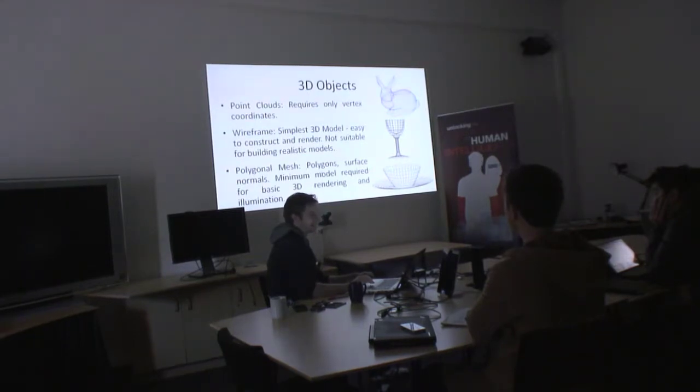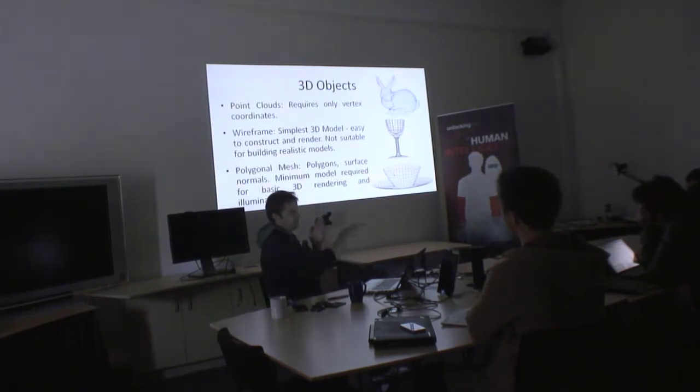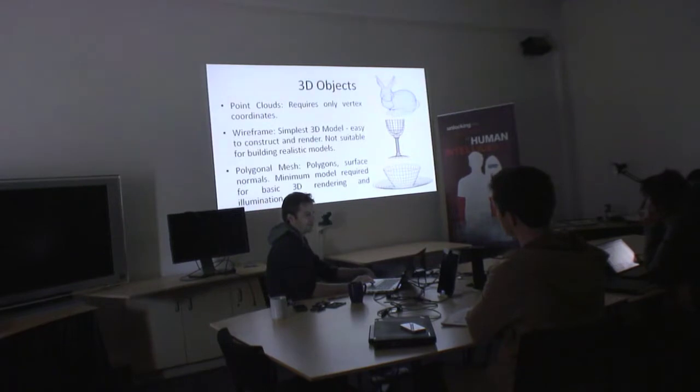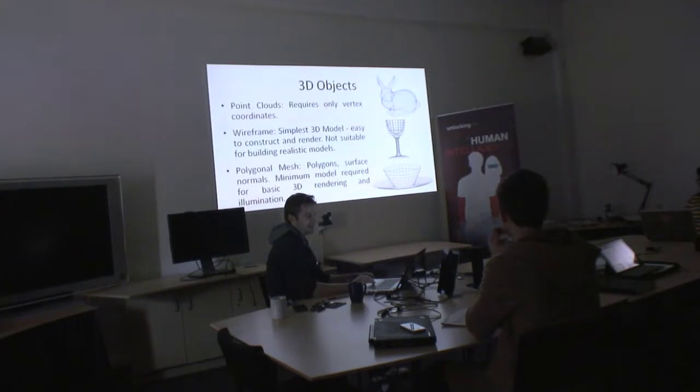The next step from that is a polygonal mesh, where each point not only knows where its neighbors are, but it knows its normal, so it knows there's a face here and all the points connect to it. With a wireframe, we can draw it, but we can't tell what is the inside of the cup and what's the outside. You can see the inside of the cup drawn here, but we couldn't do occlusion because we have no idea which side is supposed to be the inside and which the outside.